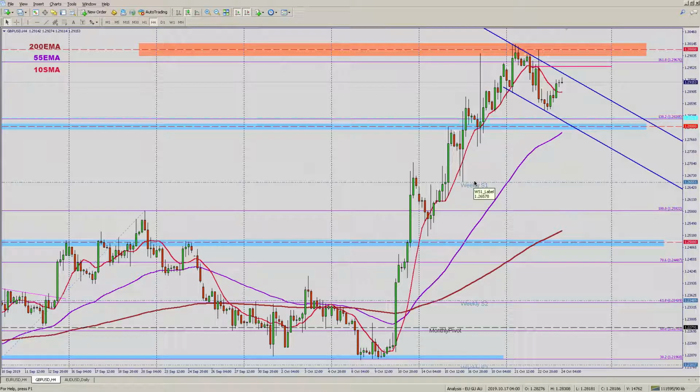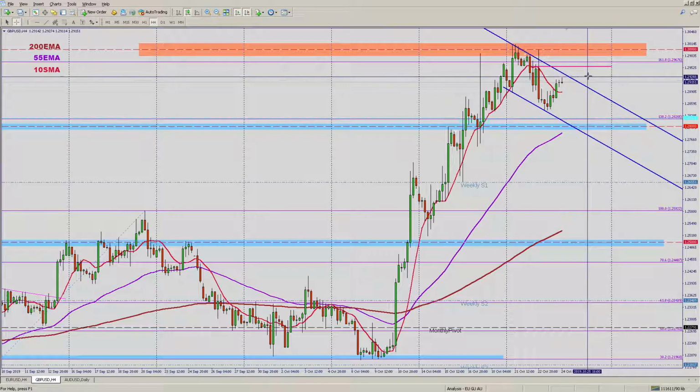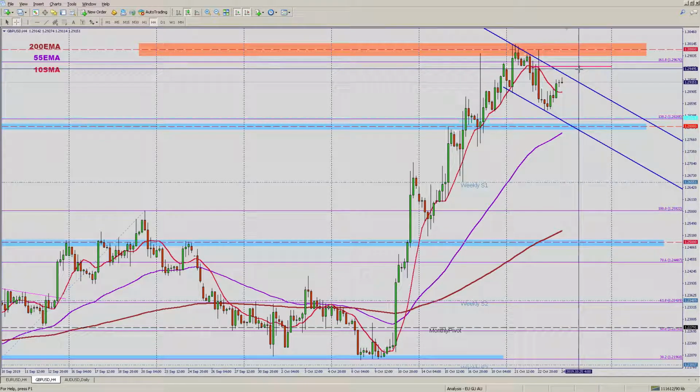Alright, there's no major news for the UK this week, and there's only the US core durable goods orders later tonight, as well as the ECB meeting and decisions tonight. So this is a potential range for today's trade.